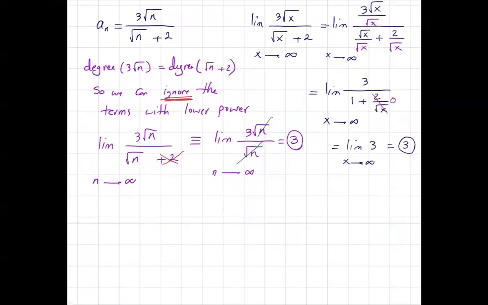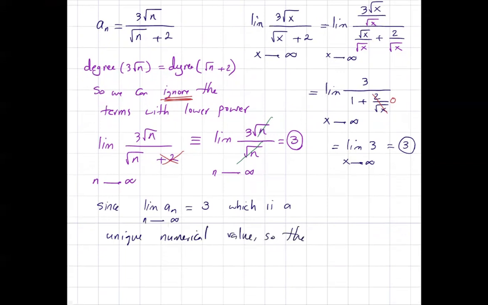So since the limit of a_n as n goes to infinity is equal to 3, which is a unique numerical value, the limit exists and the sequence is a convergent sequence.